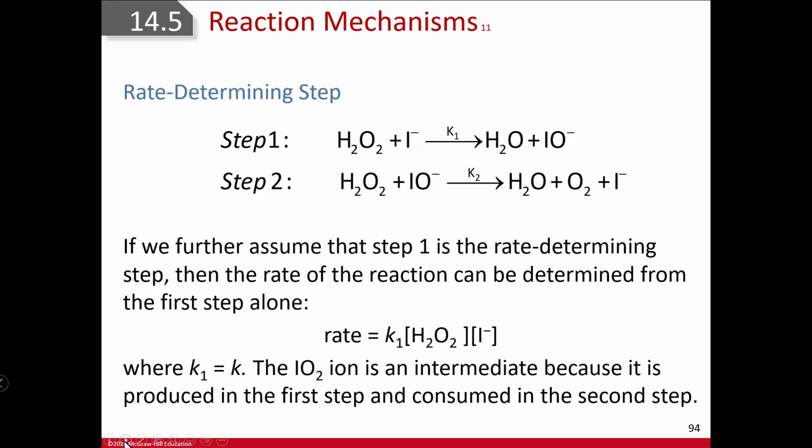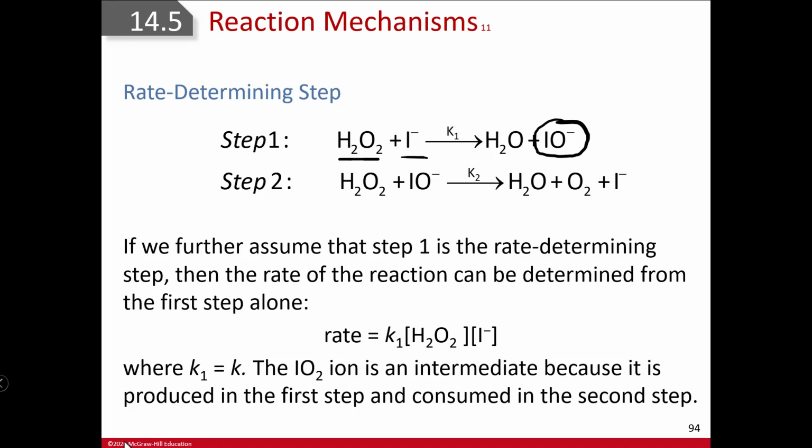So we propose a reaction mechanism for this reaction. What we're going to say, and this makes sense to me, is you have hydrogen peroxide, and it collides with an iodide ion. When that collision happens, one of the oxygen bonds breaks, and one of the oxygens bonds with the iodide ion.